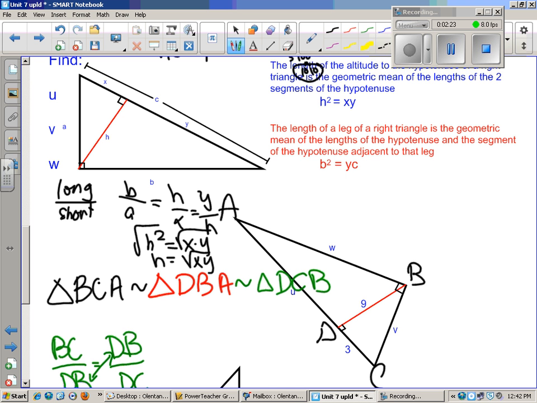All right, and actually I can figure out the lengths of this side and this side and this side, all the ones that come out of the right triangle. I could show you the ratios for those.